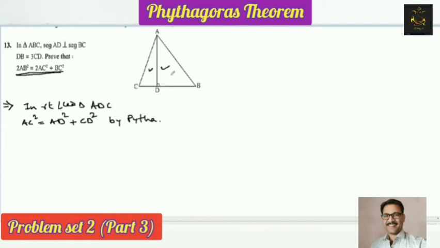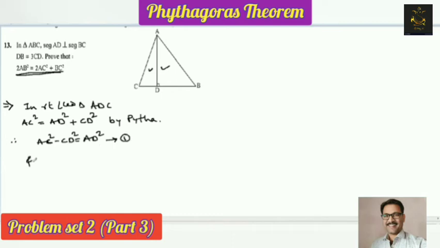Okay, now here also I can apply Pythagoras, but this AD is a common side which is not in our to prove part. So after applying this Pythagoras in both these one, we may write these two in terms of AD square, like this one. See, I'll keep this AD square here only, take this CD square to this side. So AC square minus CD square. Okay, this is just right equation number 1 here.